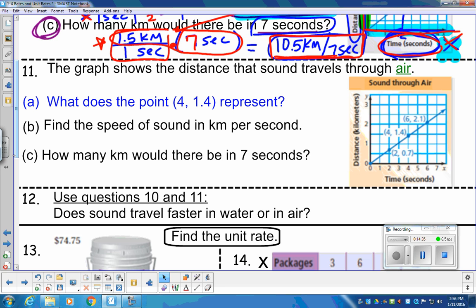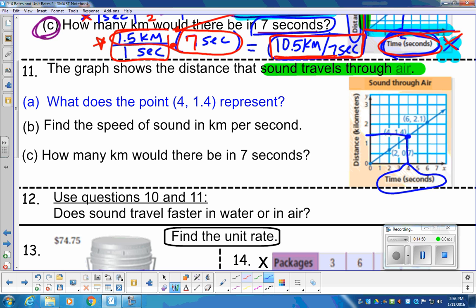Question number 11 then, we're going to compare traveling through air. Going to our graph here, what does the point (4, 1.4) represent? If I follow this point over and across, the 4 represents the time, or the seconds. If I follow this over, the 1.4 represents the kilometers.